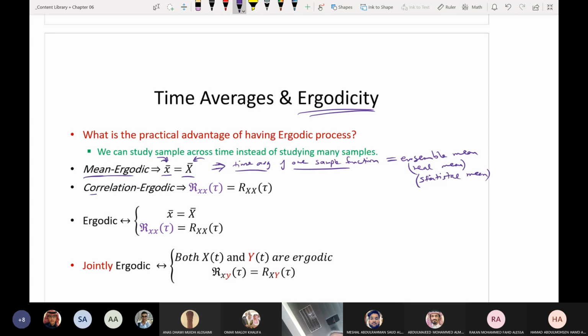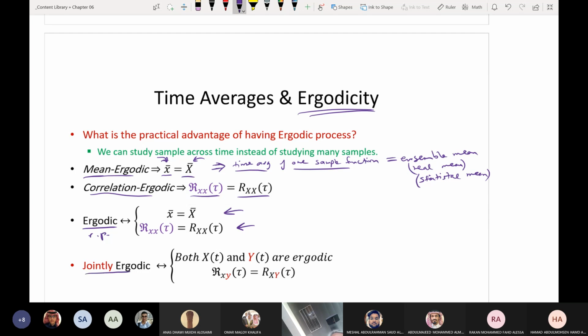Similarly, في حاجة اسمها correlation ergodic. It means that the time correlation function equals the ensemble correlation function. And we call a random process an ergodic random process if the time average equals the ensemble average and the time correlation function equals the ensemble correlation function.